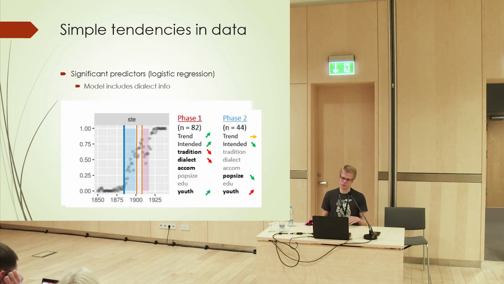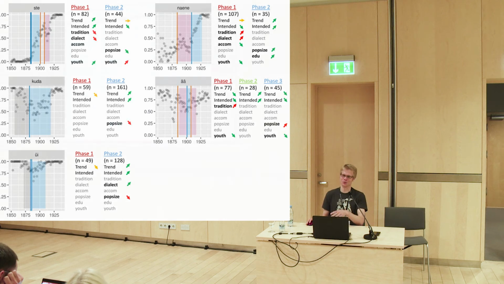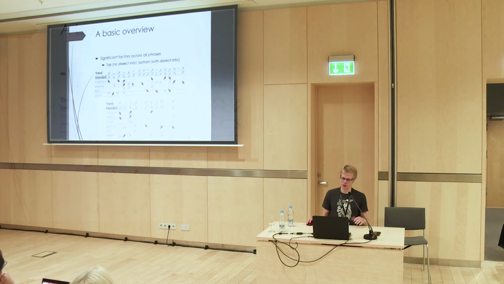And yeah, you can do many. I won't go through them because I think these details are not important, but generally you can see what mattered in people's choices for the variants that they used. You can try to generalize them.